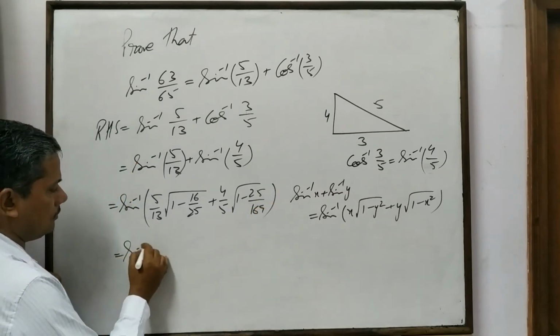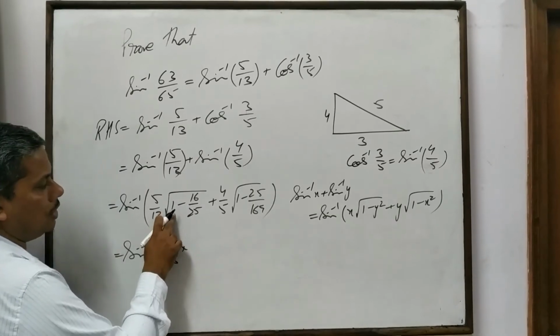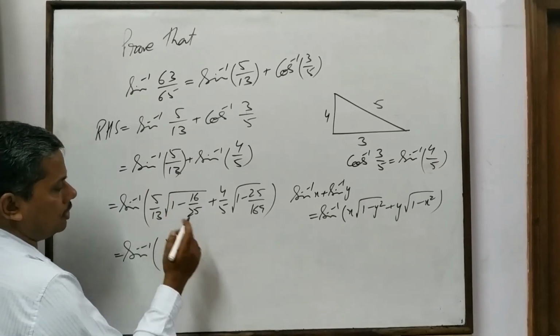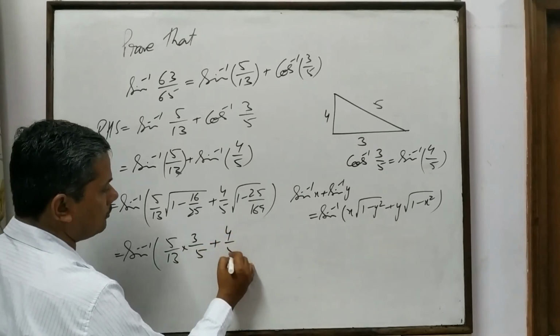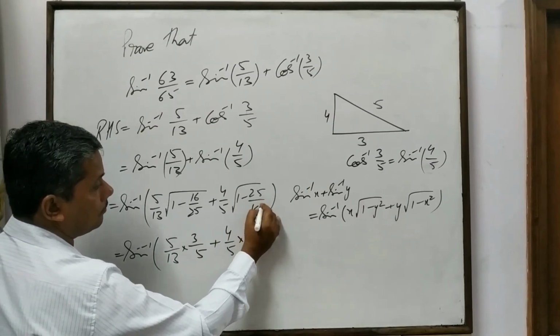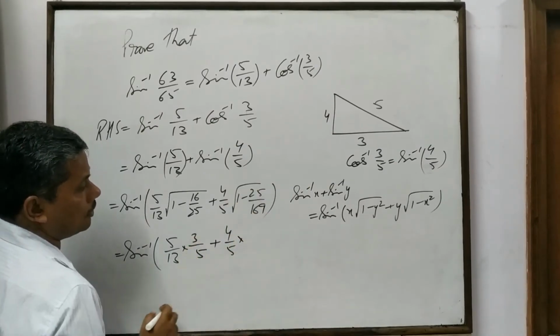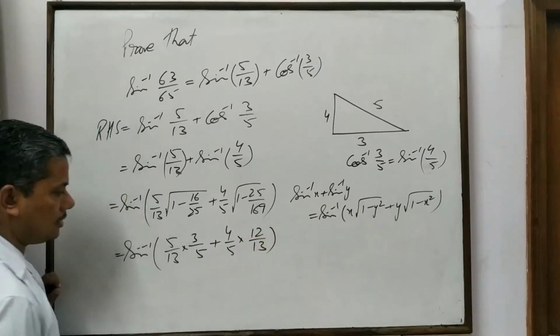This is sin inverse 5/13 into, solve this, 25 minus 16 is 9/25, under root 3/5, plus 4/5 into, now this is 169 minus 25, 144, under root of 144 is 12, of 169 is 13.